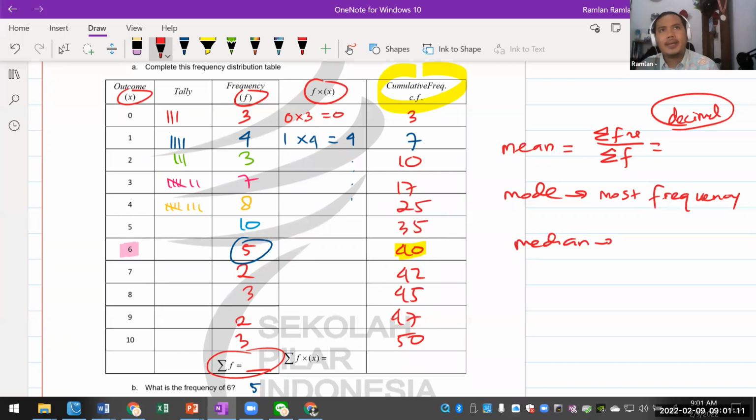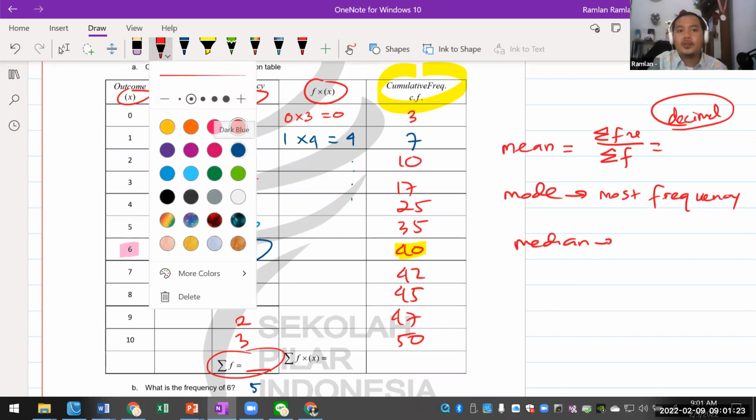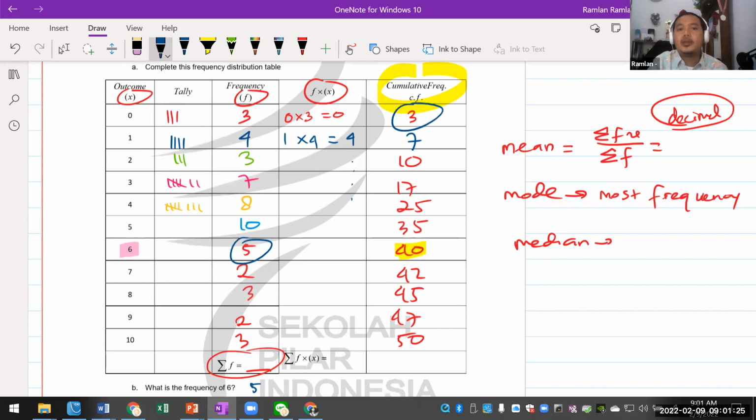I explained about the median and also quartiles, and how you can read that from the cumulative frequency. So I'm going to review a little bit on how to read this cumulative frequency. This 3 here means that data number 1 until number 3 is 0. The 7 here means that data number 4 until 7 is 1.